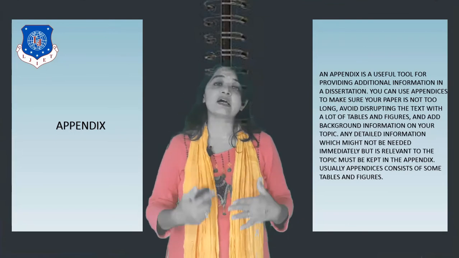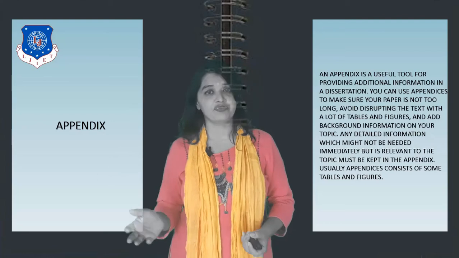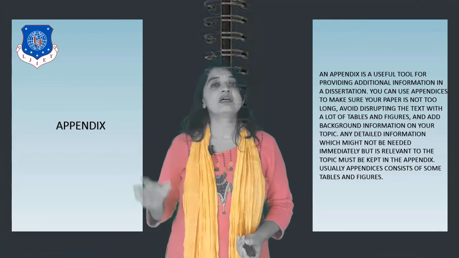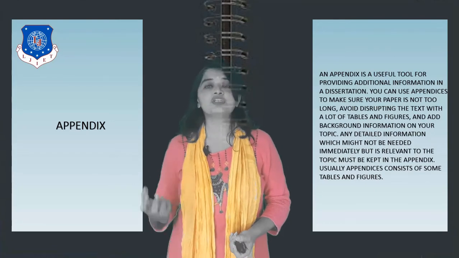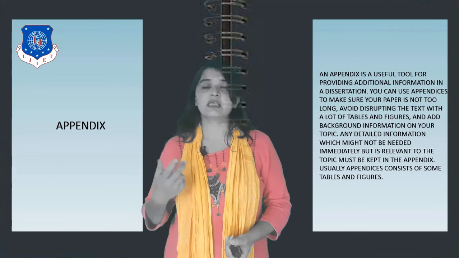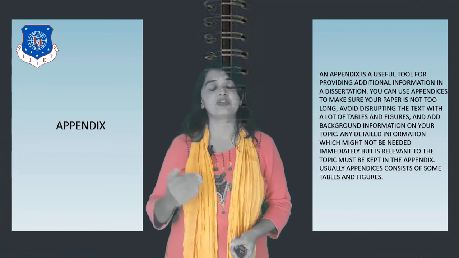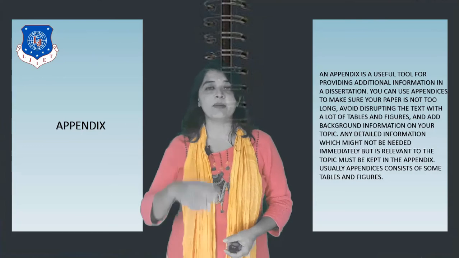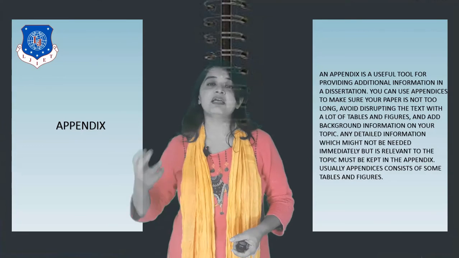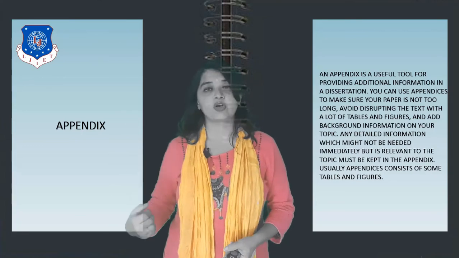So, appendices are always put at the end of the report, and they have certain information which is related to some topics inside the report. Appendices may be many in different pages. For example, you can give appendix A, appendix B, appendix C, so on and so forth.